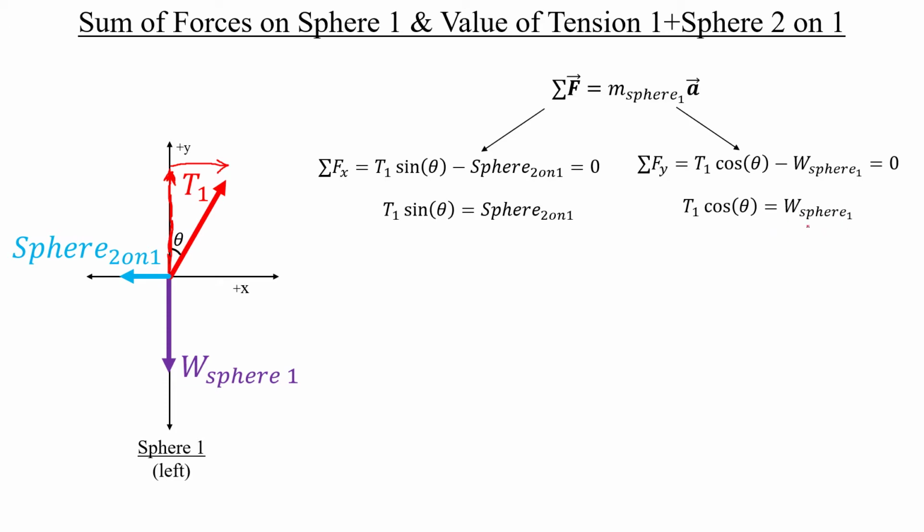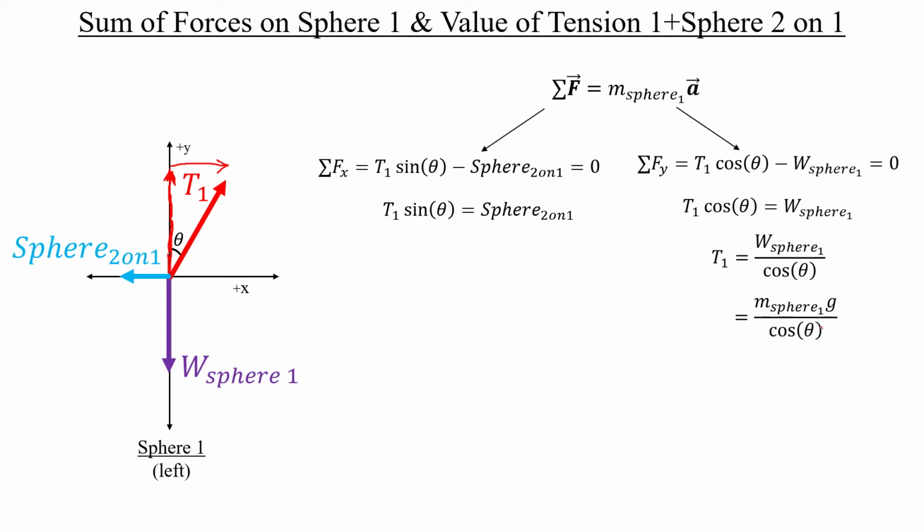We know the weight of sphere 1 because we know the mass of sphere 1, and we know the value of the acceleration due to gravity because we're on Earth, and we know what theta is, so we could just divide both sides of this expression by cosine of theta, and then we can exchange W for mg. So now we have the mass of sphere 1 times g divided by the cosine of theta.